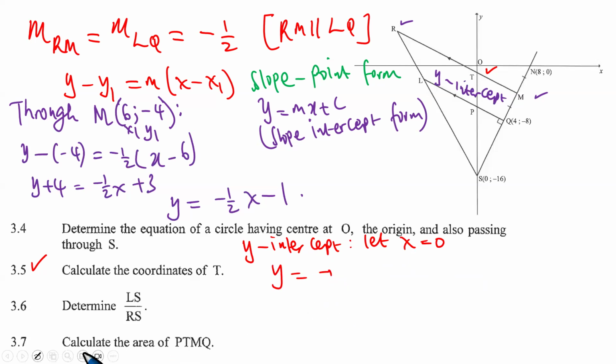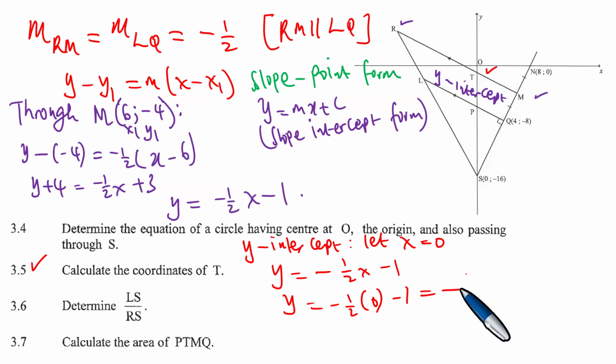So that in the end, x is 0 and y is minus 1.